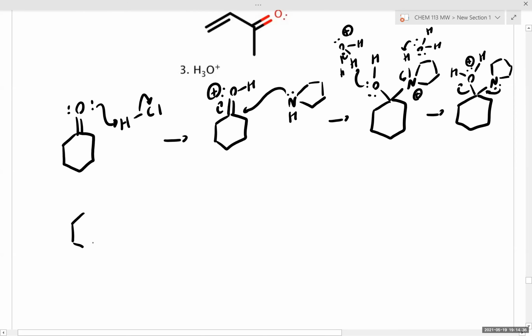From here, this aminium ion can be readily converted into our enamine via deprotonation of our alpha position.